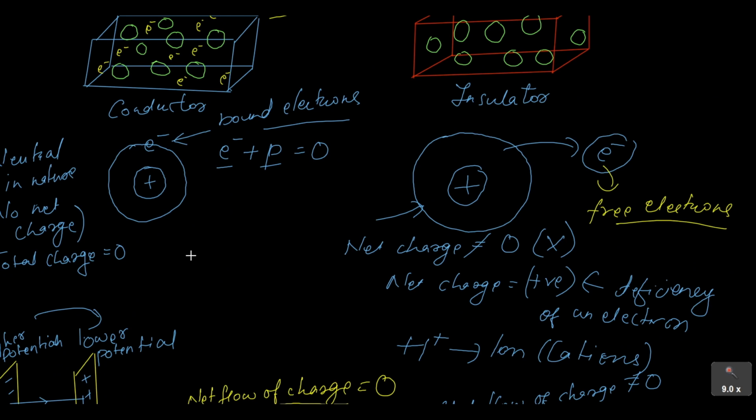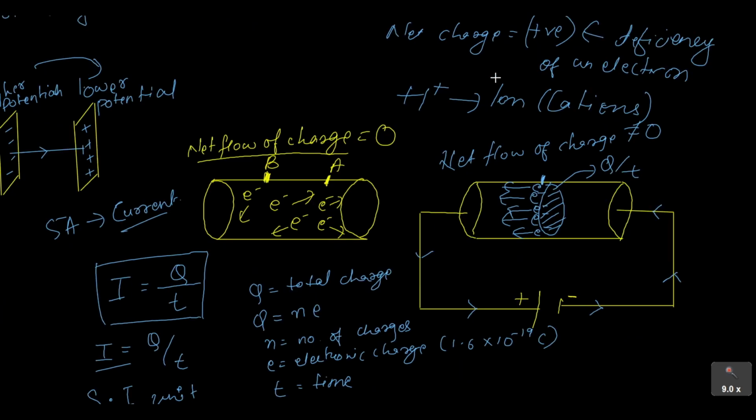Bound electrons are bound to the nucleus. Here this electron needs to go around this proton, it has no other option, but these electrons are free, leaving a net positive charge in this atom, which we also call an ion, particularly a cation. So there are lots of ions and electrons in this conductor, but neutral atoms in this insulator. Charges always flow from higher potential to lower potential, we have defined it.